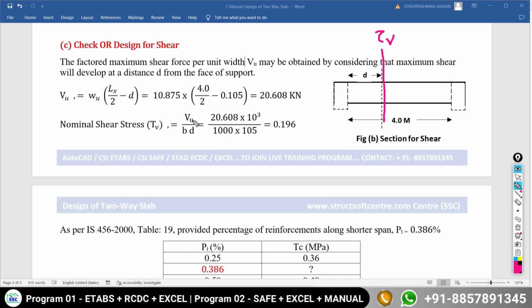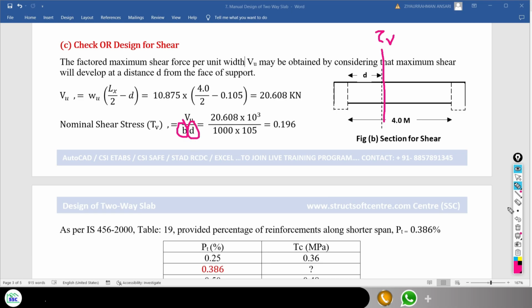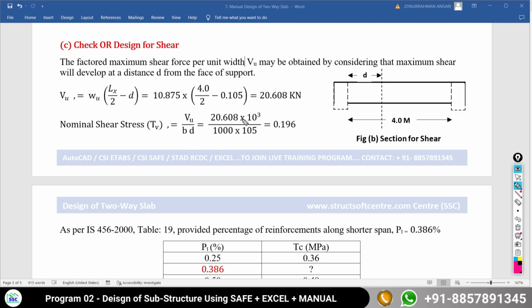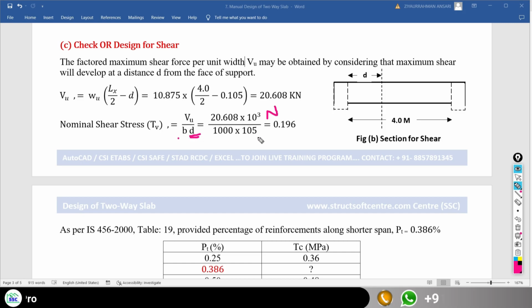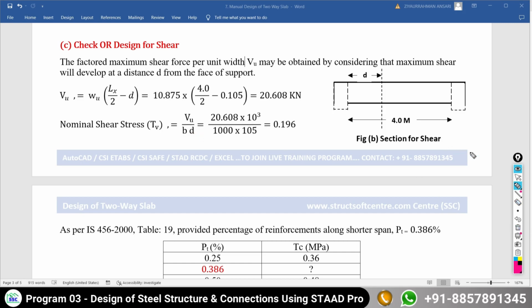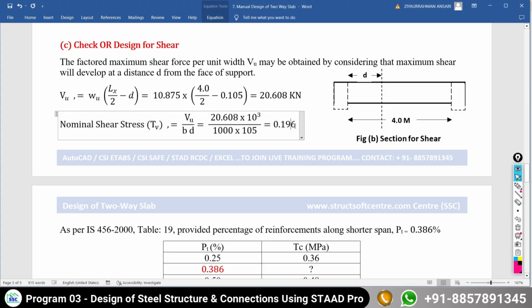That will be equal to the ultimate shear force divided by the width considered multiplied by the effective depth of the slab available. So 20.608 into 10 raised to 3 to make it Newton, divided by width 1000 mm we are considering, effective depth as 105. After doing this calculation we are getting the value of 0.196 MPa stress at this particular section.